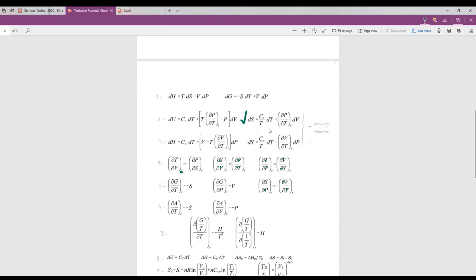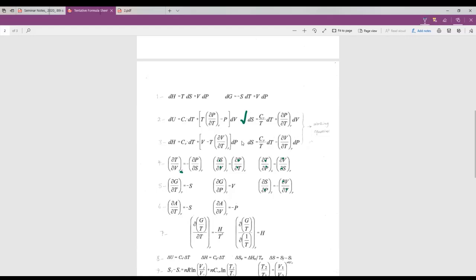The other case is if there is a reaction in the system, then there must be some other terms added to this equation. Because we don't have those terms, we can't really use these two equations for the case when there is a reaction in the system. So you can't use them.